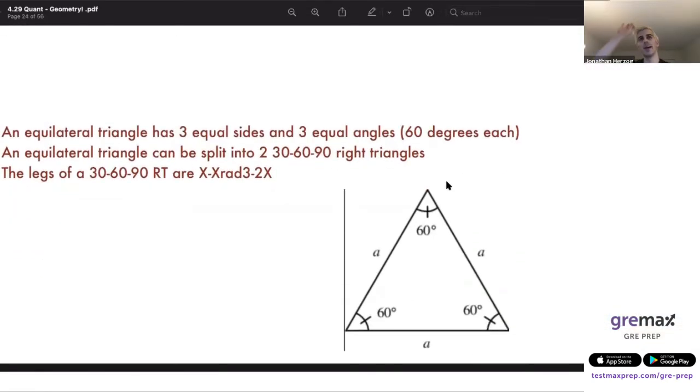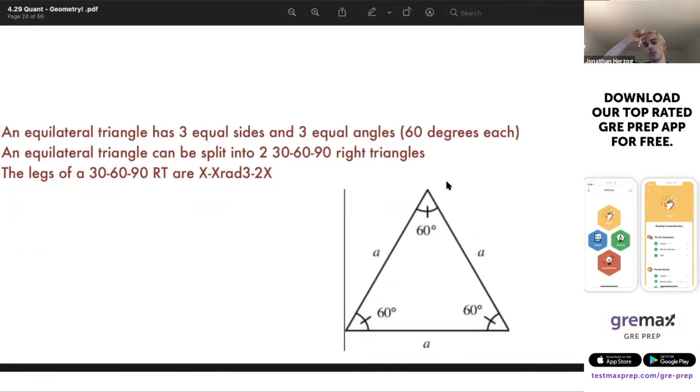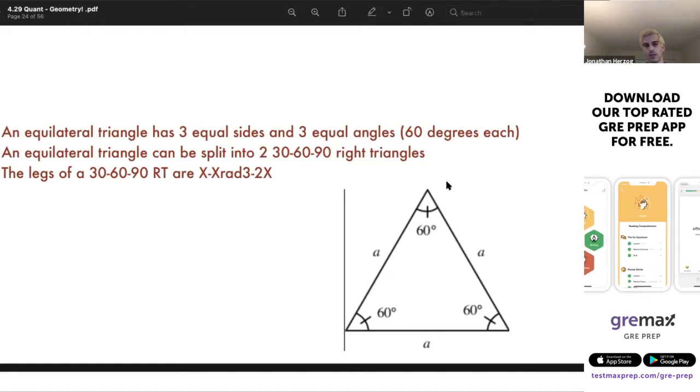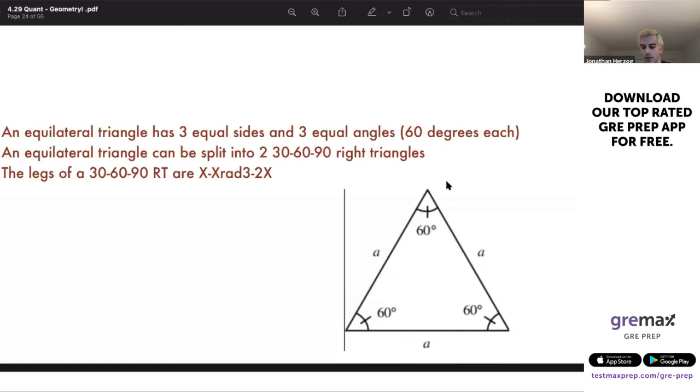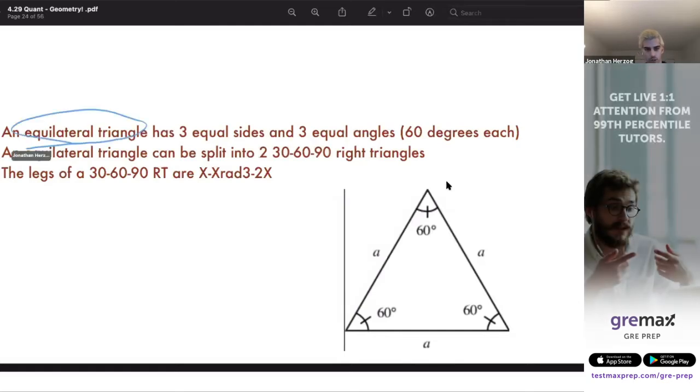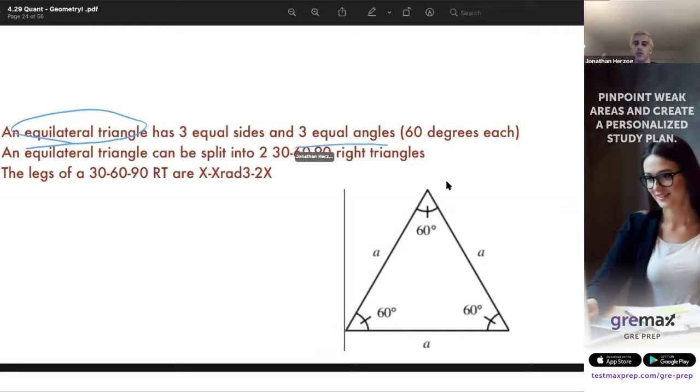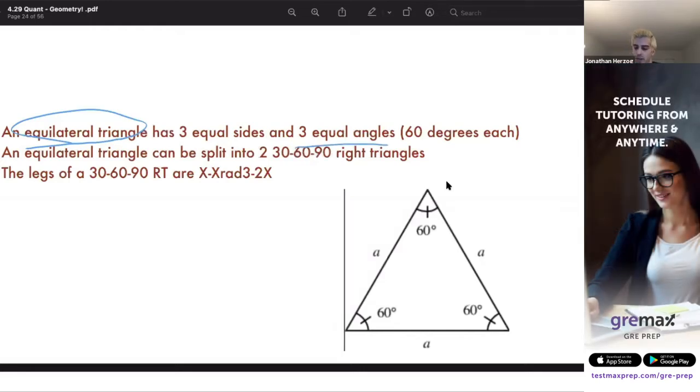Okay, so that was VIP special triangle, right triangle number 1. VIP special triangle, right triangle number 2 was our 30, 60, 90. Okay, equilateral triangles, we can infer this, use some of our vocabulary inferences: equal, it has 3 equal sides and 3 corresponding equal angles. 3 equal angles, a triangle has 180 degrees, each therefore is 60.